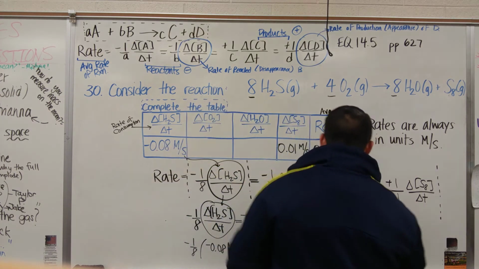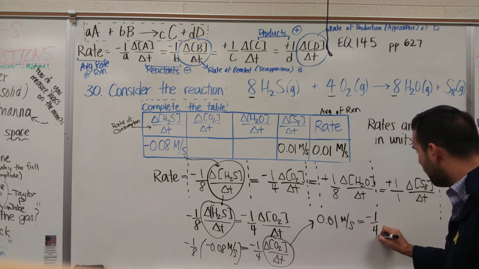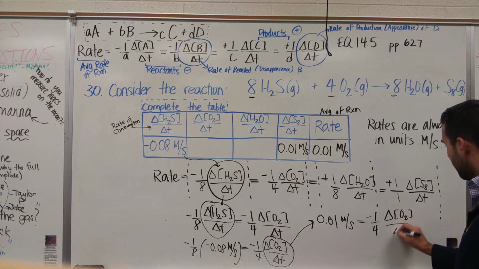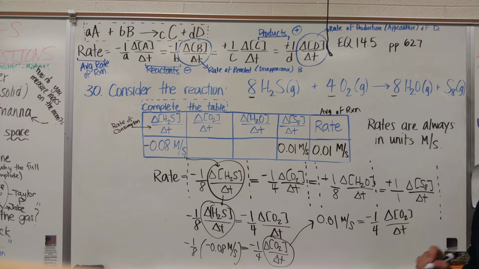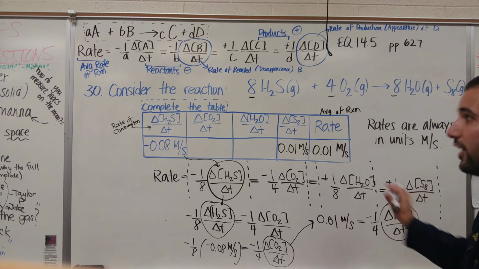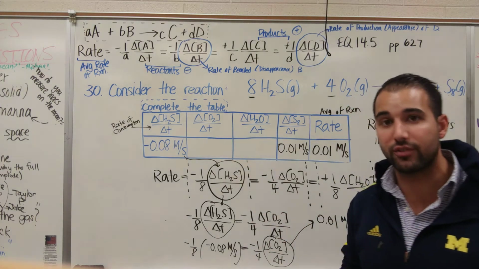And that's going to be equal to negative 1/4 times the change in concentration of O2 over the change in T. If I want to solve for this, I have to isolate that whole thing, because it wants just the change in O2 over the change in T.